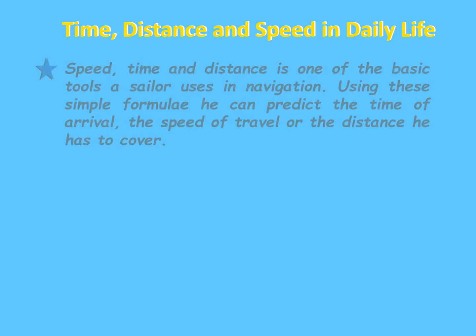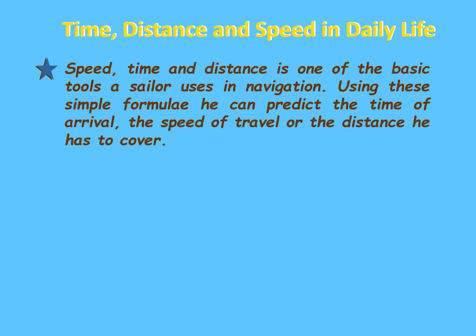Time, distance, and speed in daily life. What are the real life applications of time, distance, and speed in our daily life? First, speed, time, and distance are among the basic tools a sailor uses in navigation.